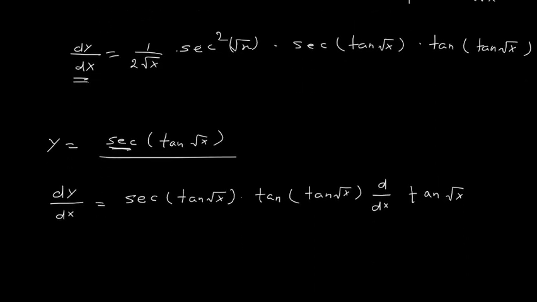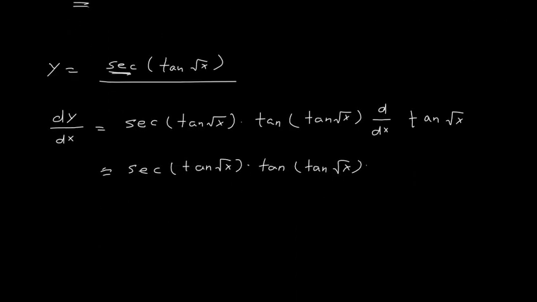So here you will write as it is, that is sec of tan root x into tan of tan root x. Now derivative of tan x is sec square x, so you will write sec square. Now here the function is root x into d by dx of root x. So d by dx of root x is 1 upon 2 root x.